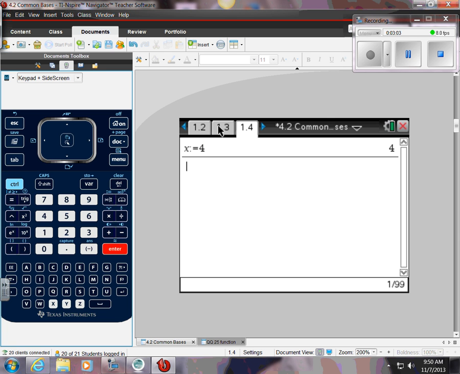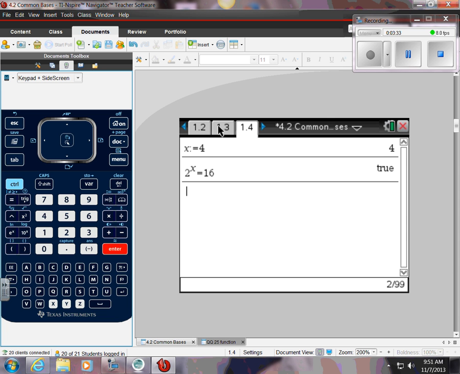What's our equation? That is true. So this is how we check. X equals 4. We store that, and then we plug it into our equation.